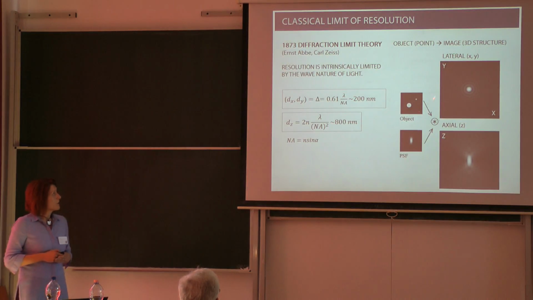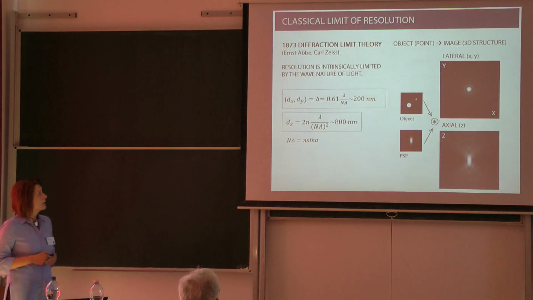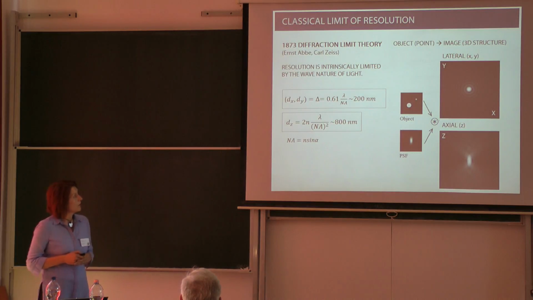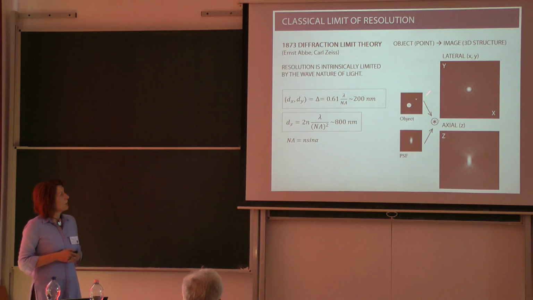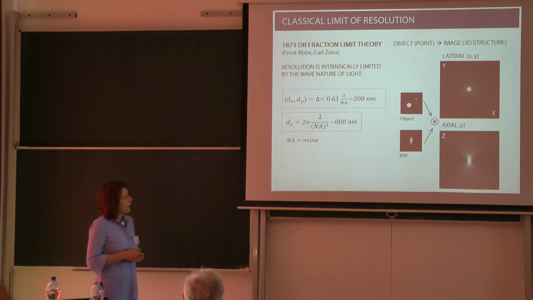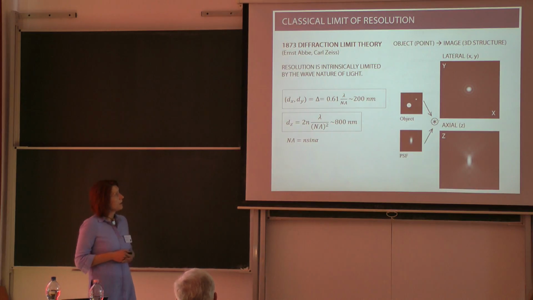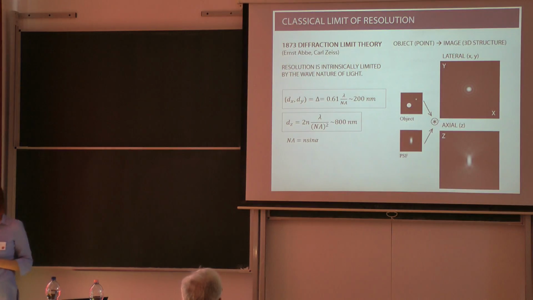So if we want to image, for example, a point-like object, the image will not be an ideal point. Instead, the image is an interference pattern generated by diffraction. So the original structure, an ideal point, is spread in space. This is how we can imagine the image we get in the XY, the lateral direction, and also in the axial, the Z direction. So our objects are distorted by the point spread function when we try to image them with a light microscope or a fluorescence microscope.